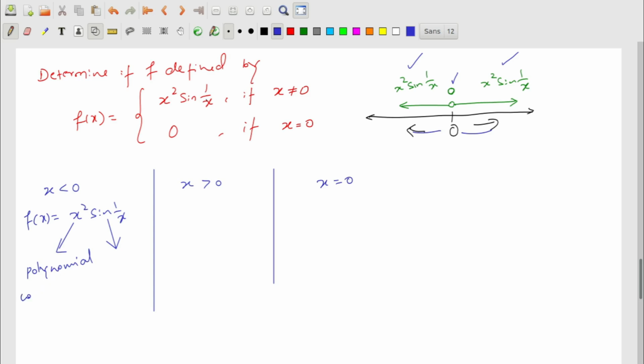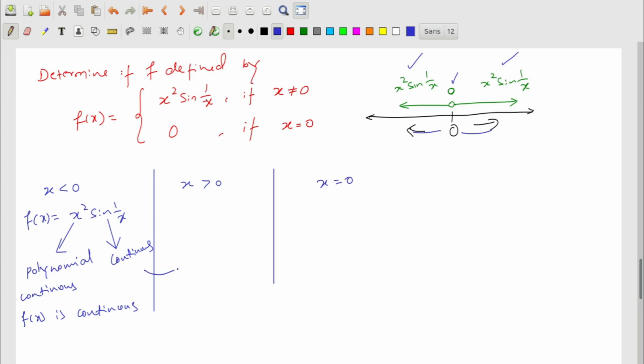Similarly sine is a continuous function, because the graphical representation of sine is somewhat similar to this, a continuous curve, right? So sine is a continuous function, so this is continuous. The product of these two is also continuous. So you can just write f of x is continuous for x less than 0.